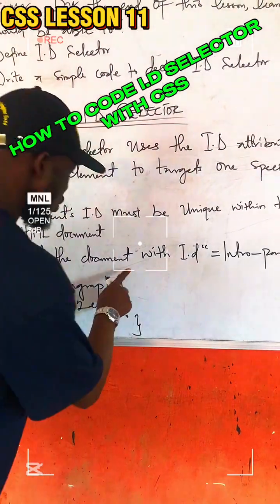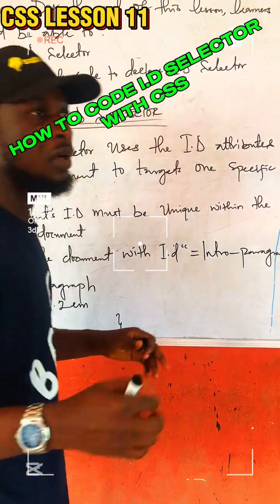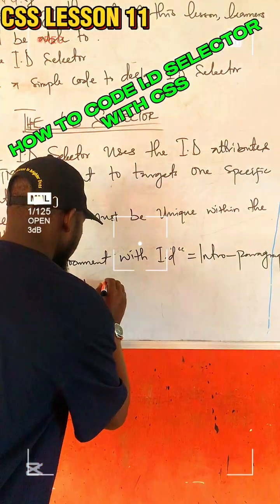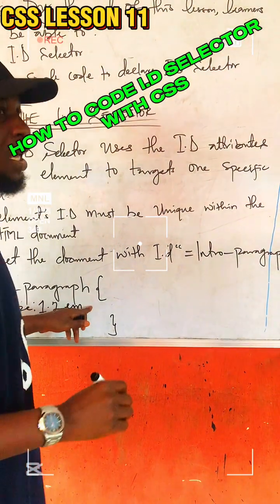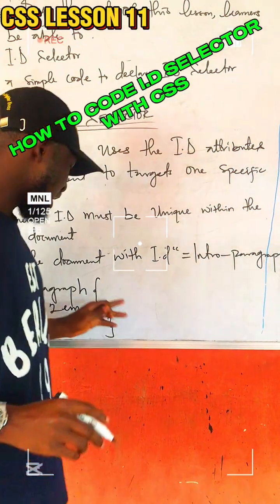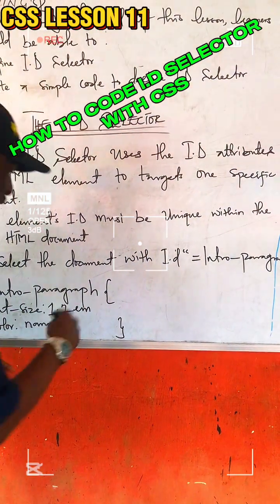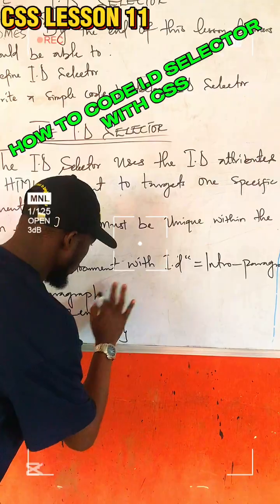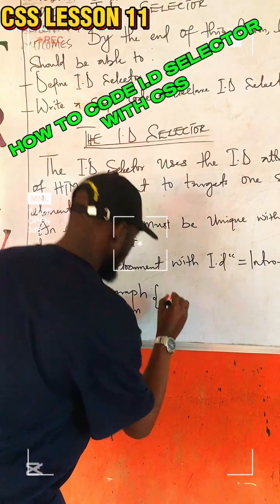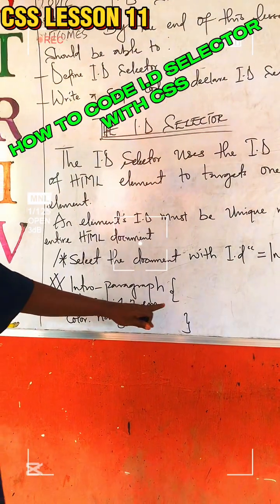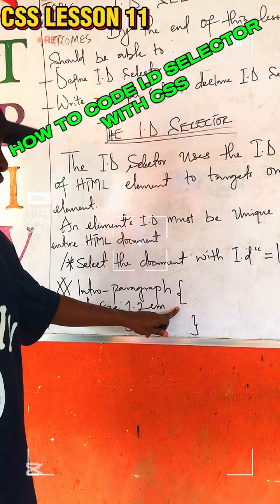Don't forget we have different types of brackets. This bracket is actually parentheses, and parentheses have a strategic way of writing them. So this is a curly bracket.